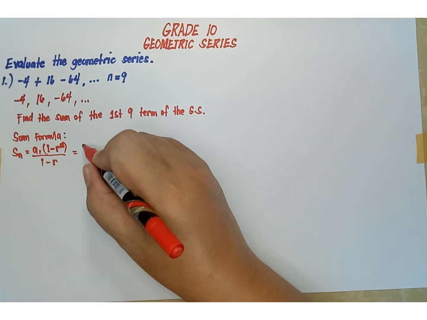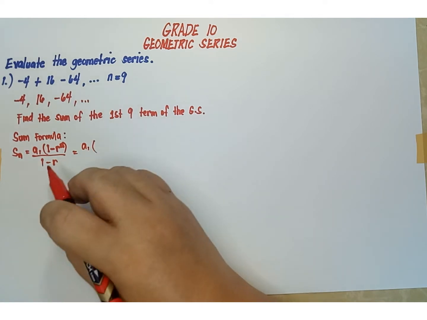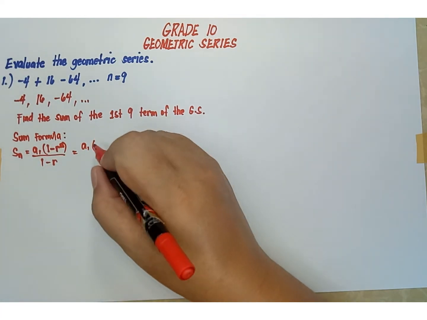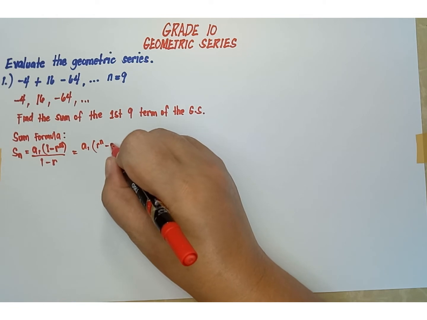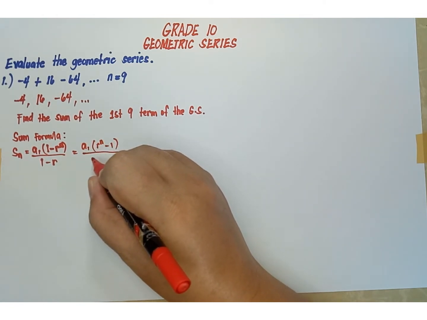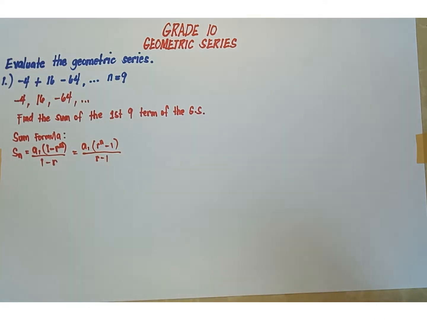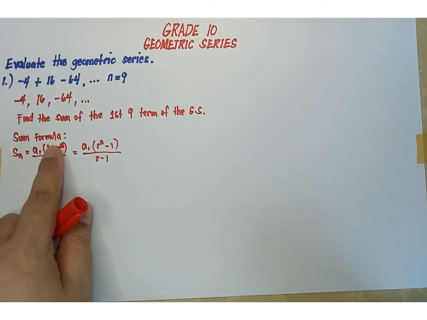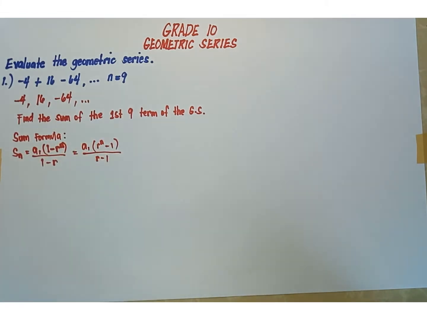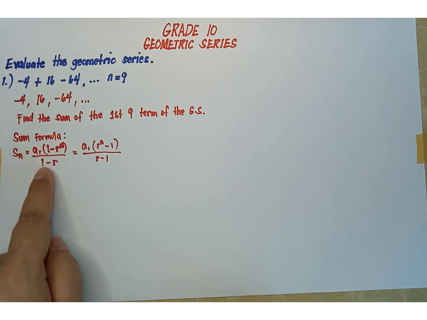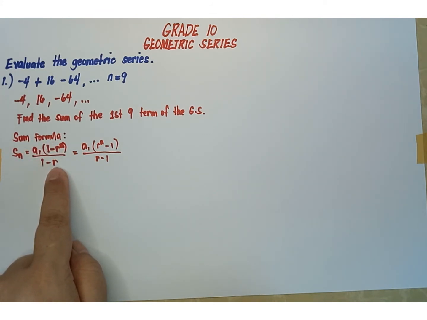This is also equal to a sub 1, you swap the terms, r raised to n minus 1 all over, you swap the terms, r minus 1. So, pwedeng ito yung gamitin mo, pwede rin ito. Pareho lang ang lalabas na answer.